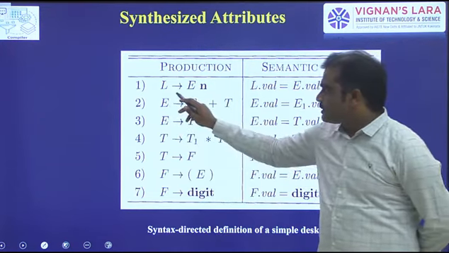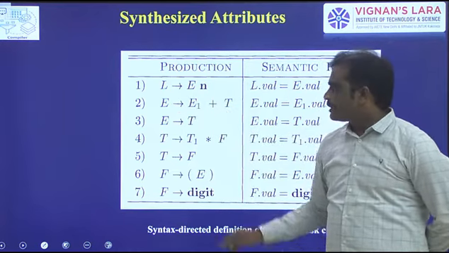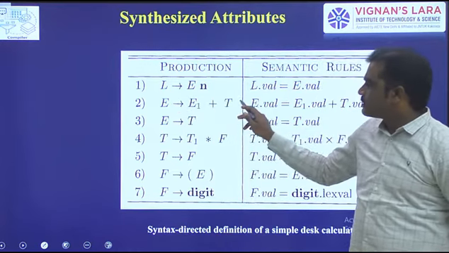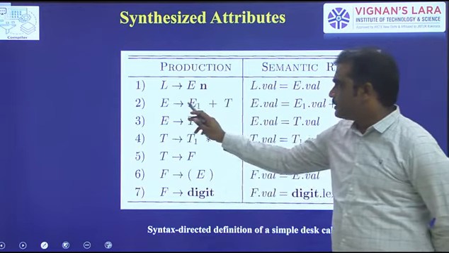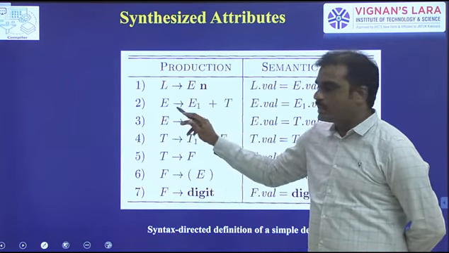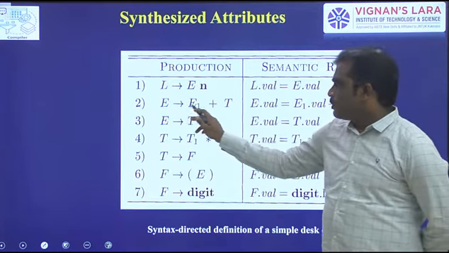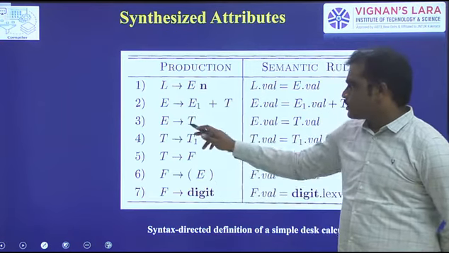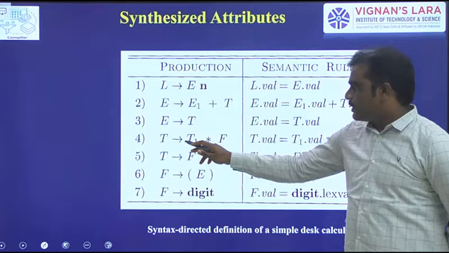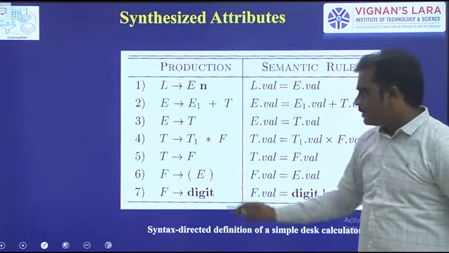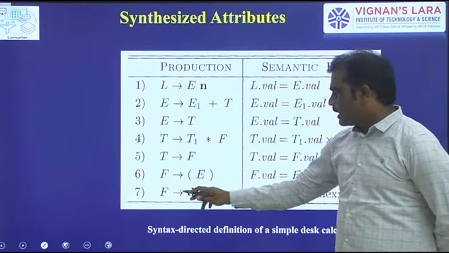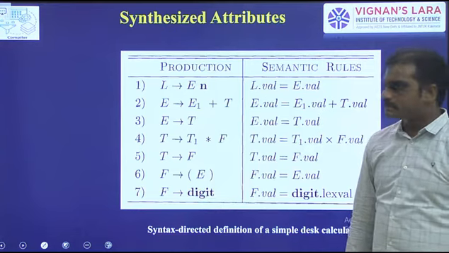What is the first production? L to En. Next, E to E1 plus T. Just from a different point of view, we give the subscript 1, but both are the same, E only. Next, E to T. Next, T to T star F. T to F, F to (E), and then F to id.